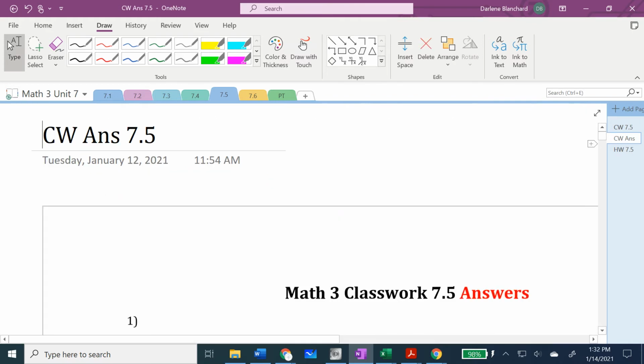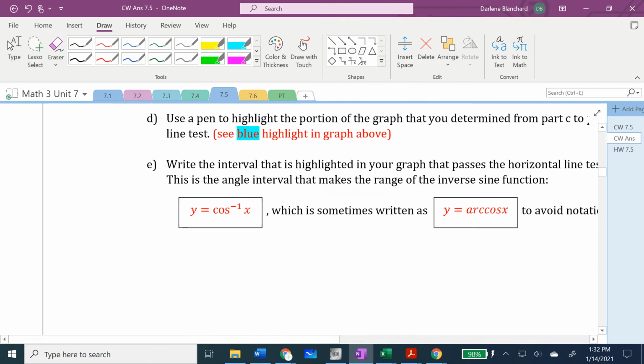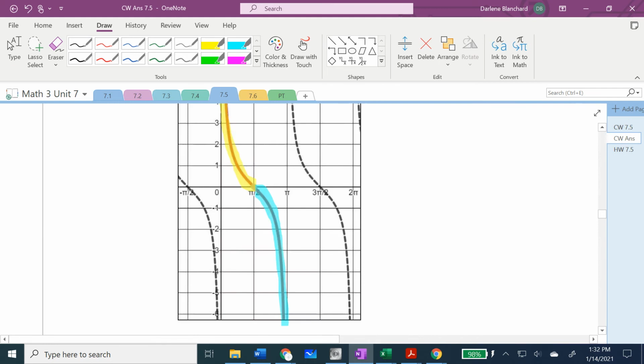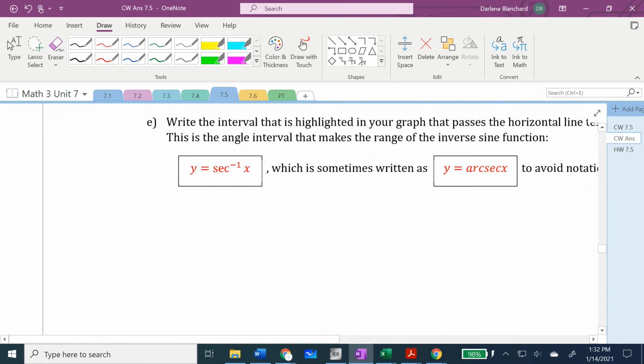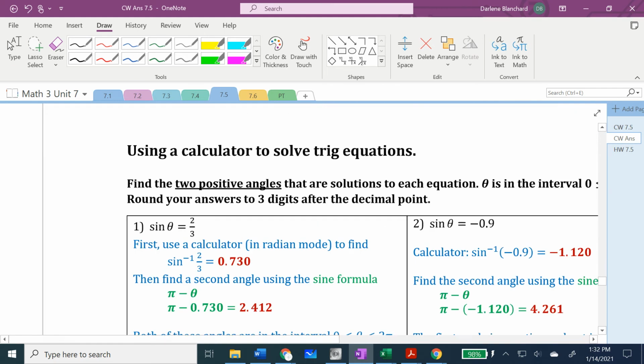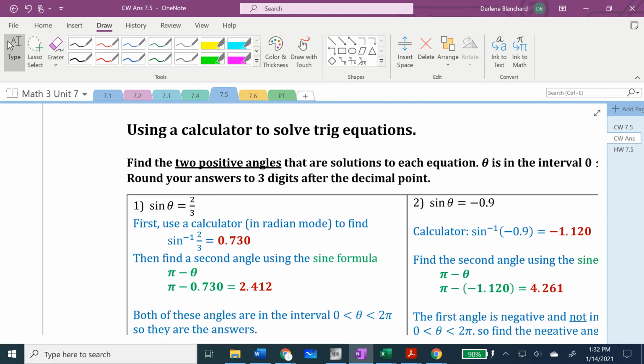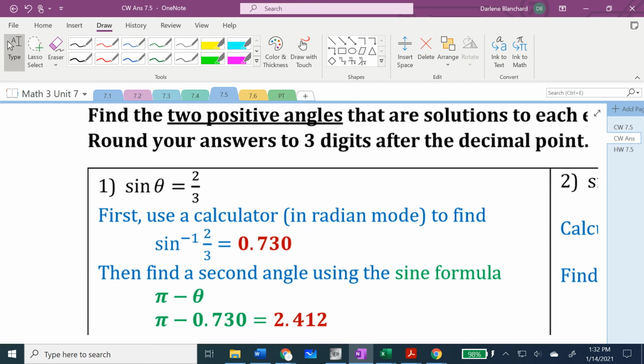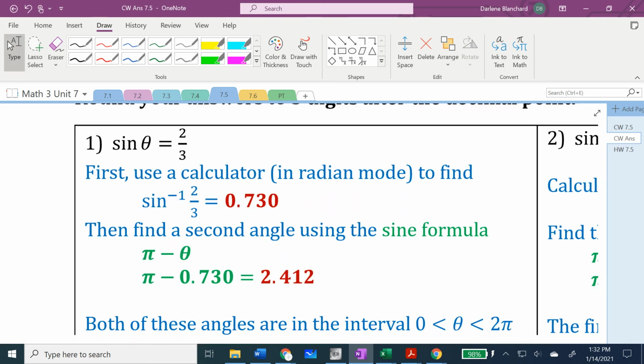So in the end, okay, keep going. There we go. So what I've got written for the answers are an explanation of, first, use your calculator. You have to make sure you're in radian mode, by the way, not degree mode.